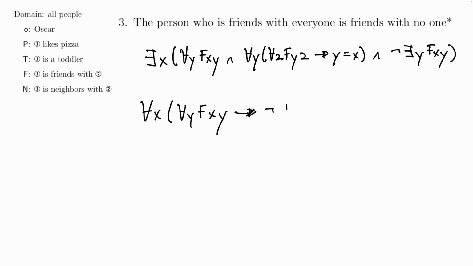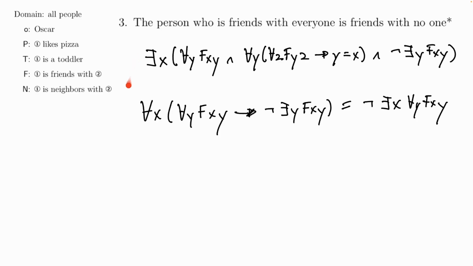Then it's not the case that there is a Y such that X is friends with Y. And this is not a contradiction. This actually is equivalent to saying there isn't anyone who is friends with everyone.